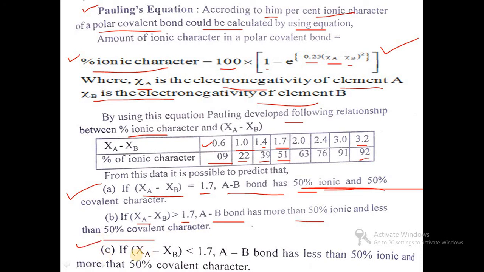In the third condition, if the electronegativity difference between the two atoms is less than 1.7, then the AB bond has less than 50% ionic character and more than 50% covalent character. So according to the Pauling equation, we can determine the percent ionic character present in that bond.